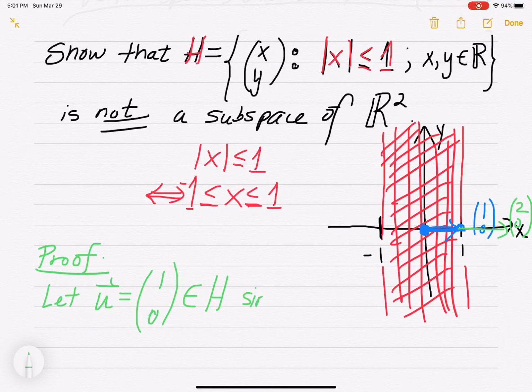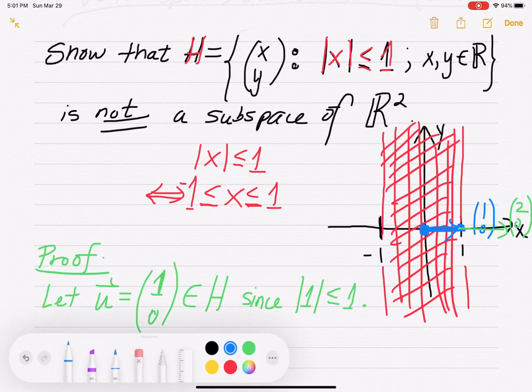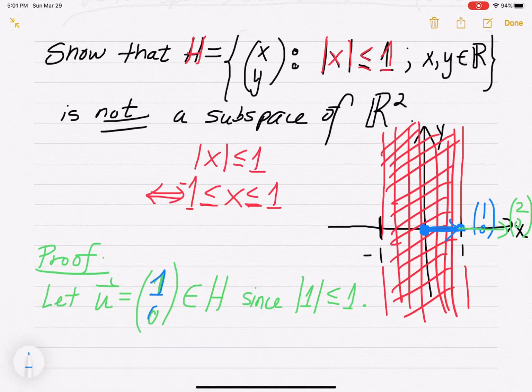Well, when you take the absolute value of the x coordinate, 1, it is less than or equal to 1. Yep. Here we are, 1, 0. That's this vector right here. I'll call that U. It's an element of H.